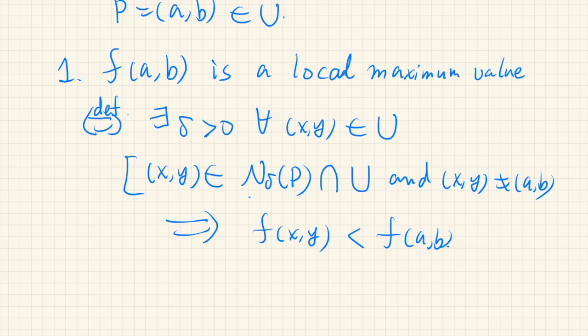If this holds, then we say f of a b is a local maximum value.